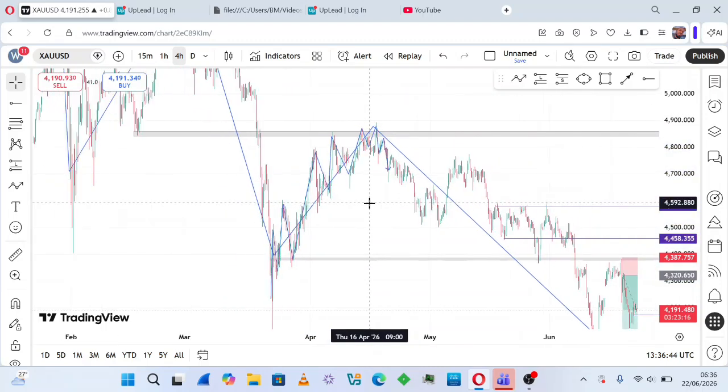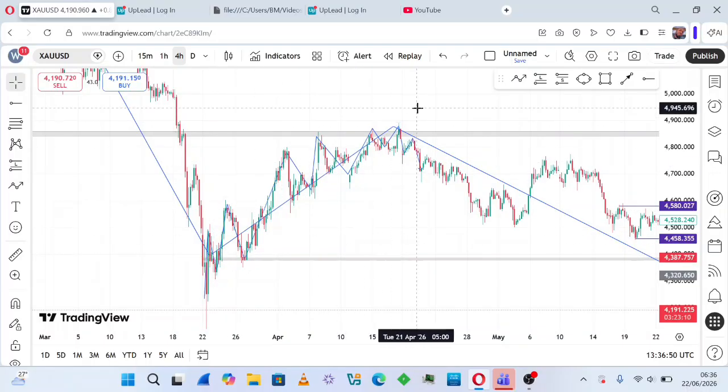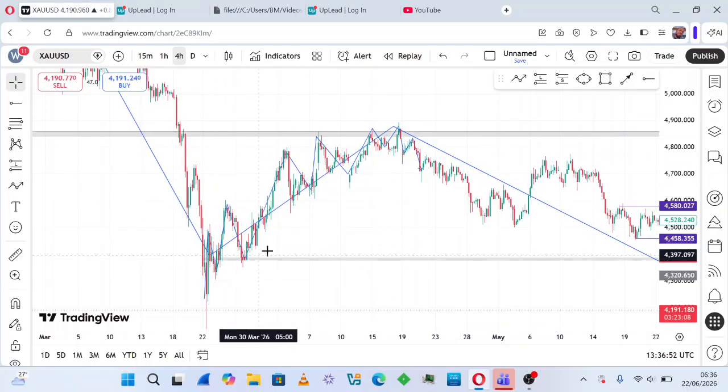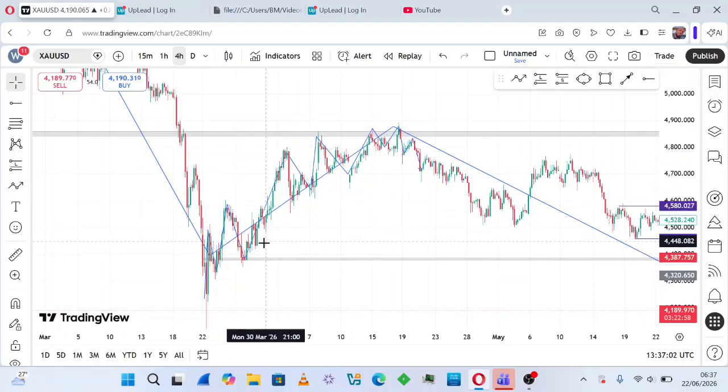So now if you go to the daily time frame, it's just a group of candles that move from here to here. But come to the 4 hours time frame, you see that there are tons of candles that form that movement, which is another trend.